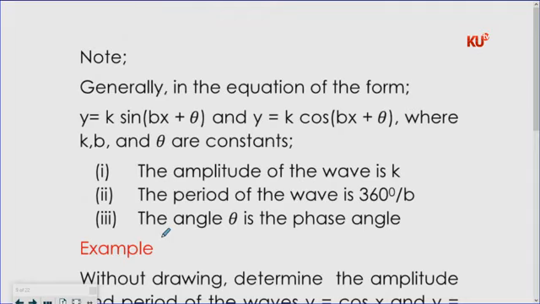It's very important to note, sometimes you can be asked to get the amplitude, the period and also the phase angle without drawing. So you don't have the graph, you've just been given a function and you are asked to find the amplitude, the period, and the phase angle.